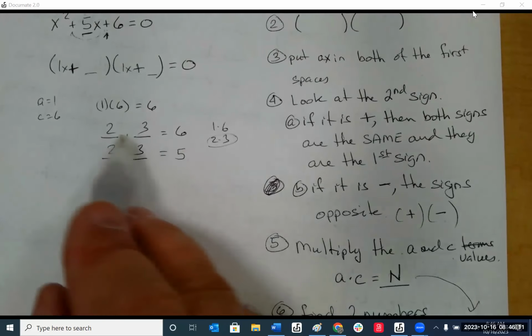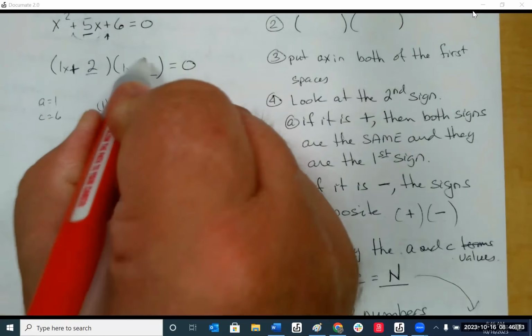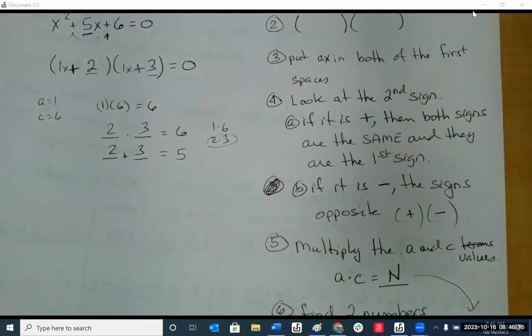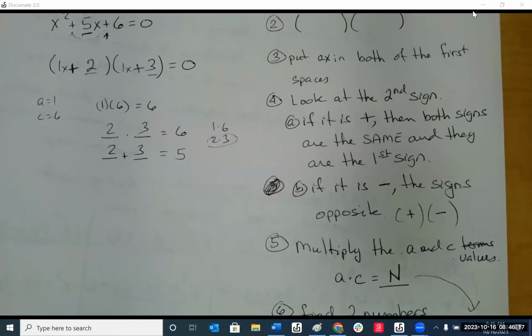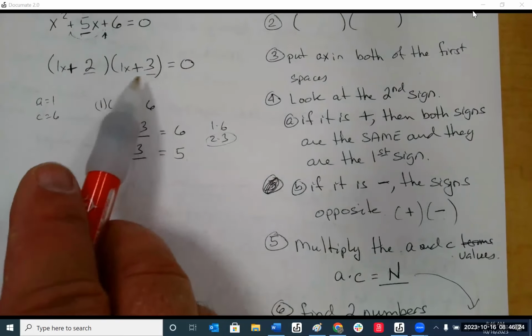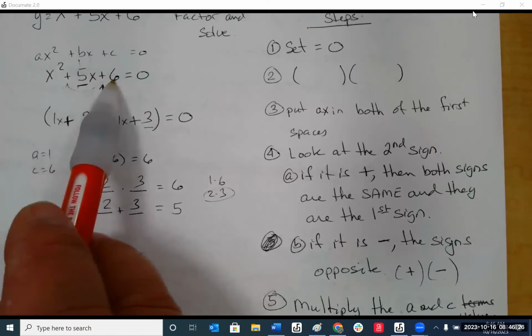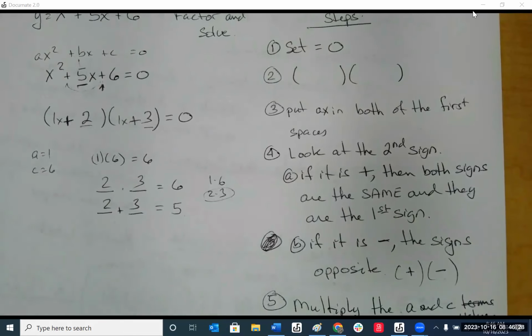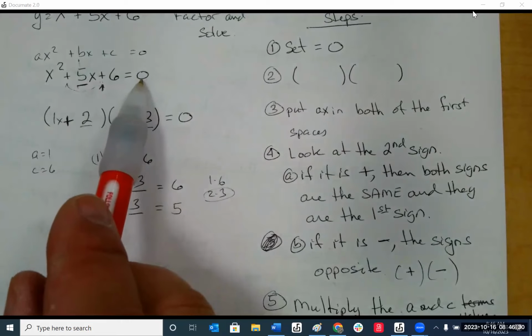So we have, since it's 2 and 3, one of them is 2, one of them is 3. Since they're both positive, it doesn't matter which one. So x plus 2 times x plus 3 equals this. That's the factored form. Now we've got to set it equal to 0.